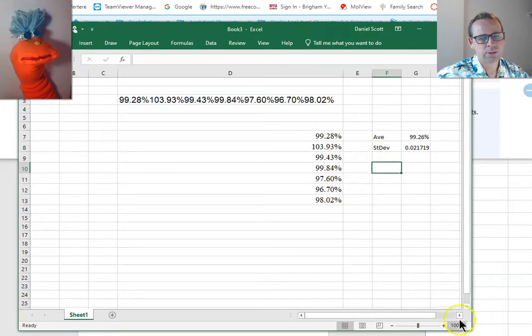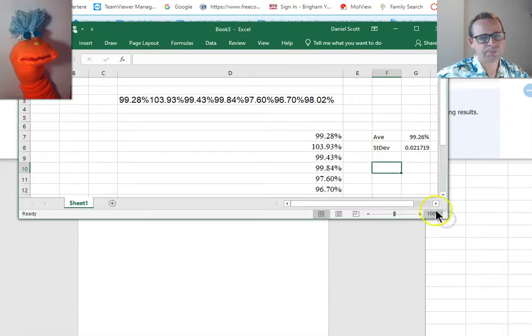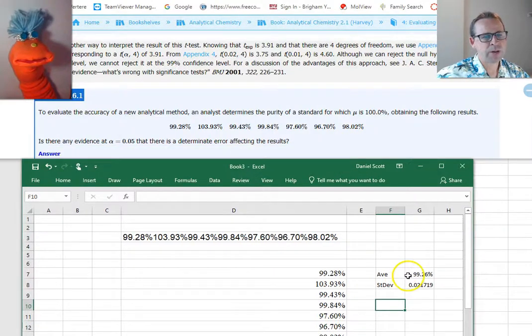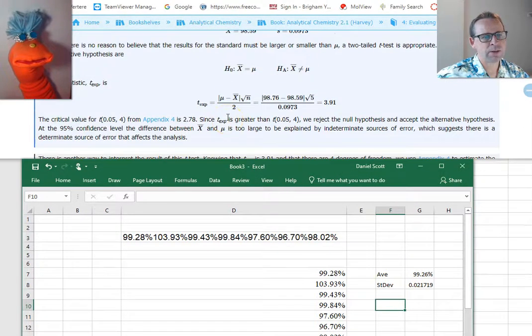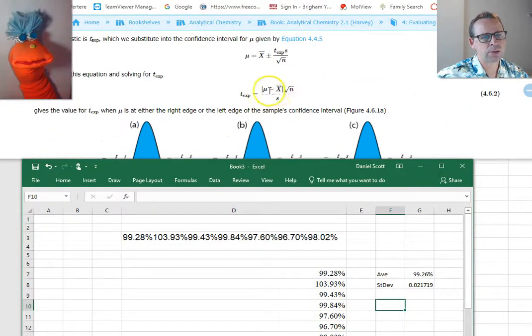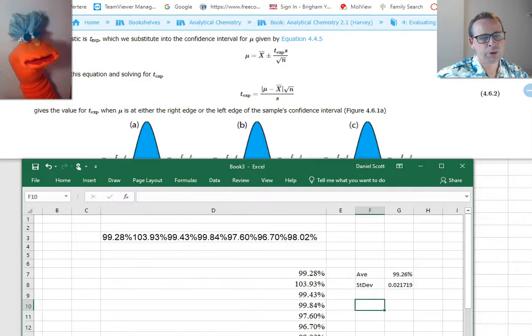So, let's give ourselves a little bit of viewing space here. Okay, so we got our average and our standard deviation, and then we have to, where is it at? Right here. Here's our value here. We're going to take the actual value that we're expecting, which is what? That's 100, right? 100%?